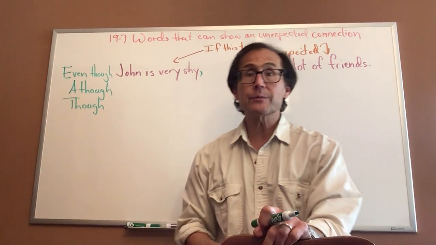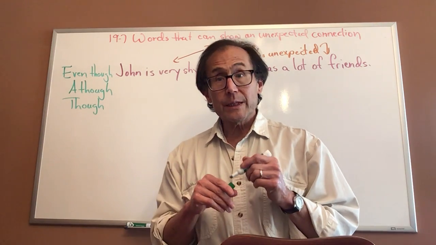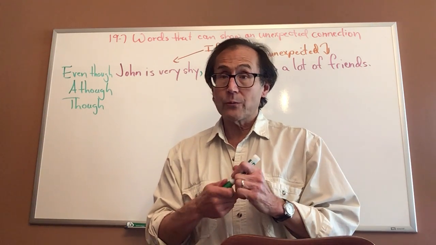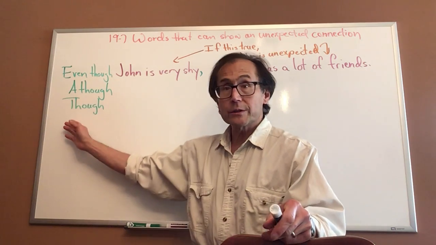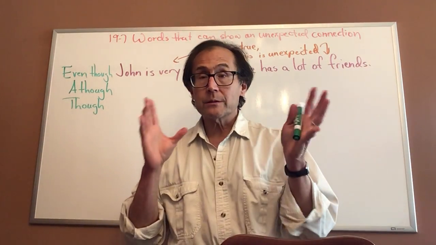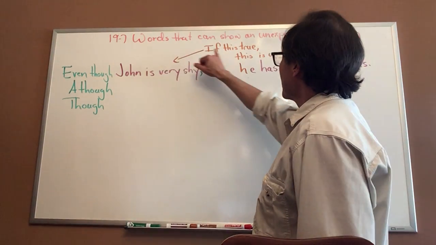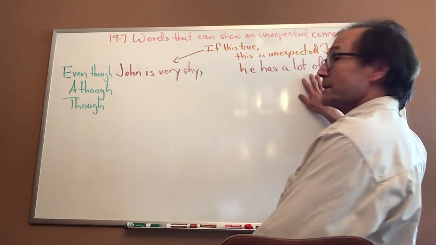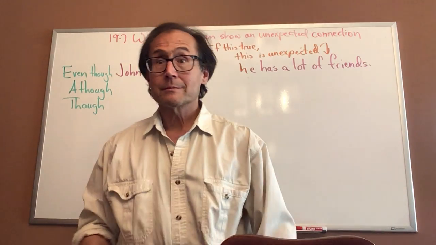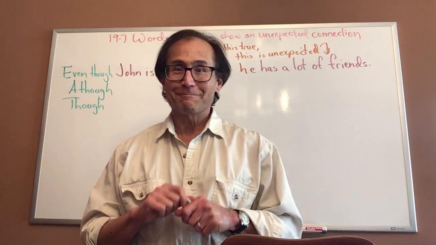When I say interchangeably, I mean it doesn't really matter which one you use. They all mean the same thing, and they all work the same way. So all of these words, if they come at the beginning, I have a comma. If they come in the middle, no comma. And they all show, if this is true, then this is unexpected. Okay, I hope that's good.